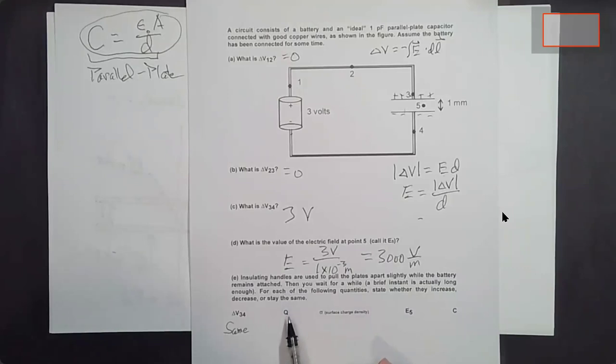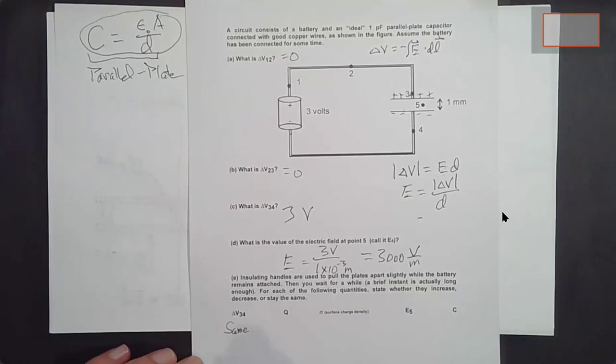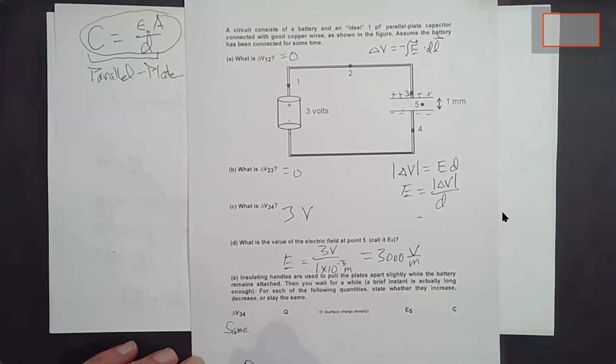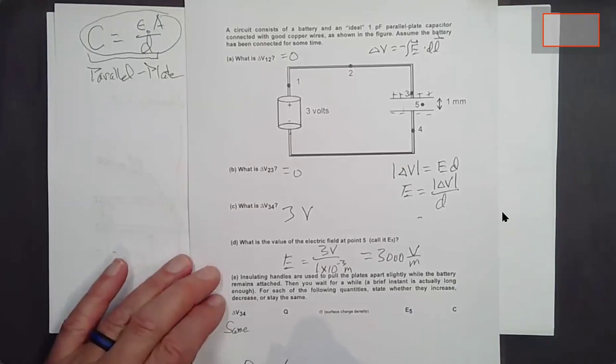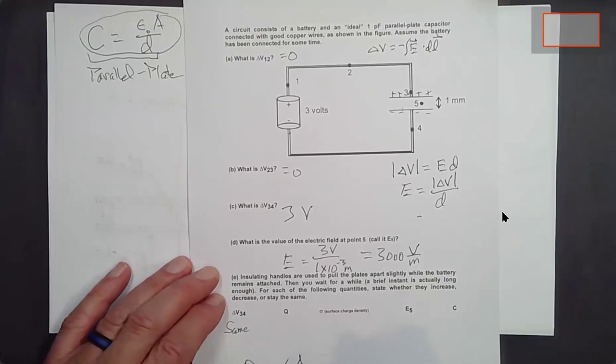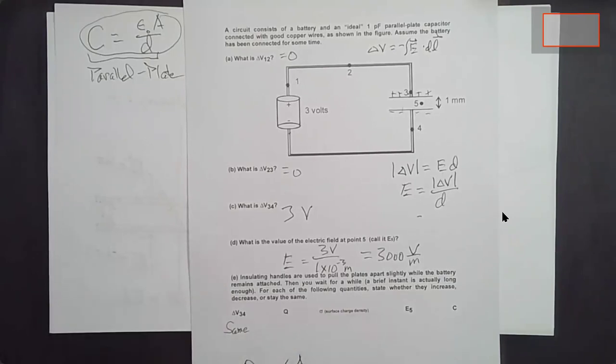Now, what about the charge on the plates? Well, think about a capacitor here. The capacitance is the charge over delta V, and in this case, epsilon naught A over D. Delta V doesn't change, but the D does.